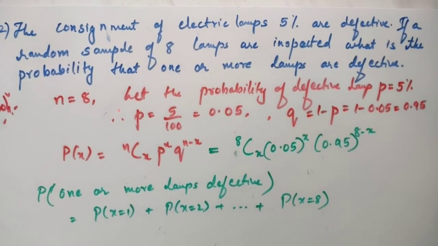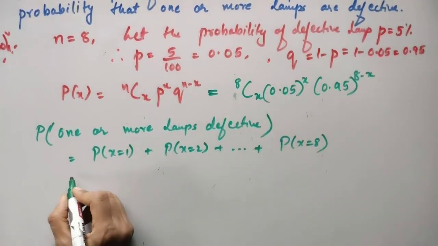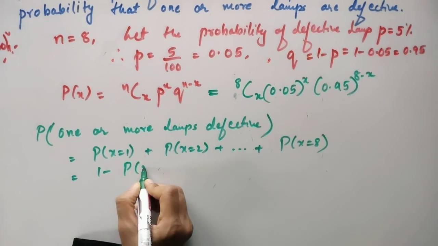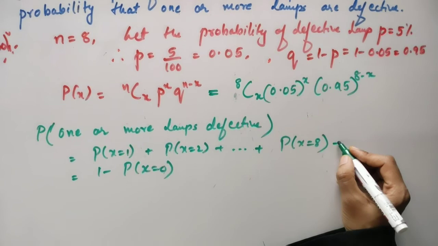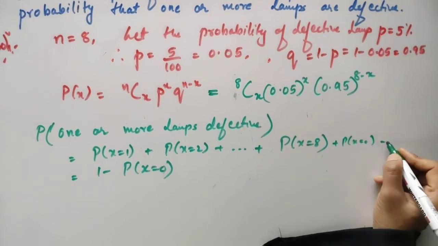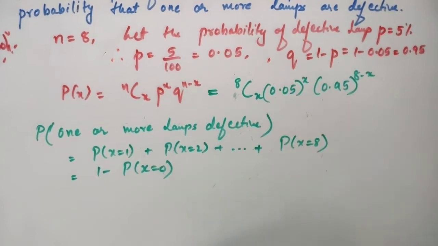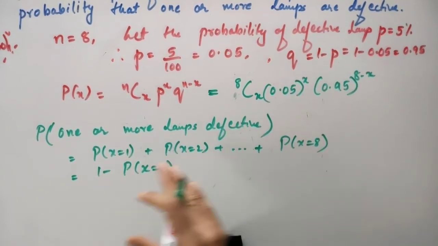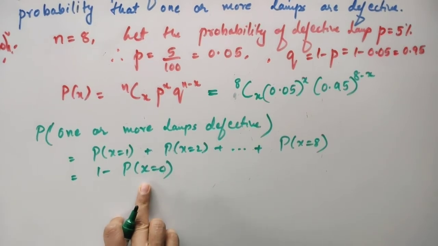One or more of them are defective we have to find. So it is as good as writing 1 minus P of x is equal to 0, because if I just add P of x is equal to 0 over here, the addition of all these will be equal to 1. So a probability distribution should always add up to 1. Again, I don't have to find each of the probabilities and add them. We can just go for one simple expression, that is 1 minus P of x is equal to 0.